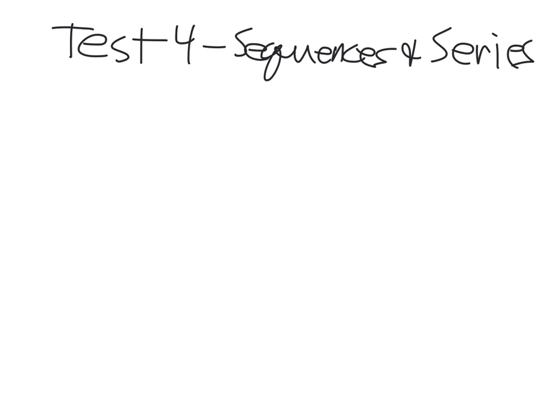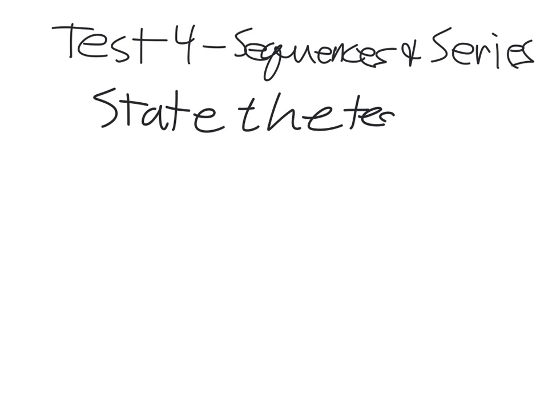Then the main parts, whether a series converges or diverges, and state the test used. That will be part of it, not just take a guess and say, well, it converges. Well, how do you know? So go through the details like we did on test 4.